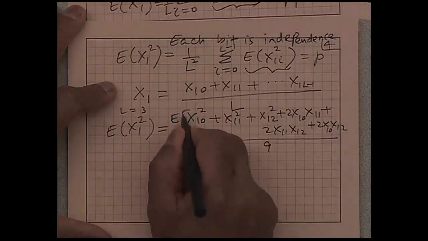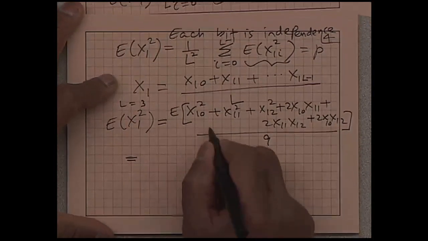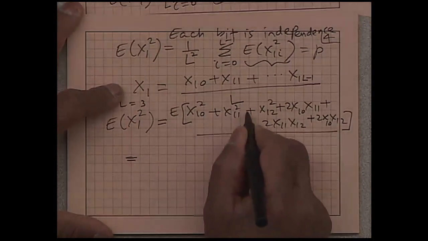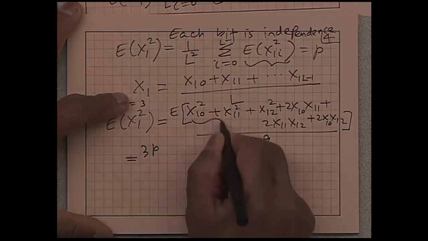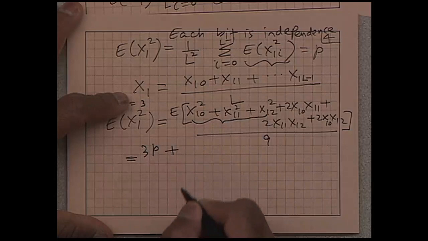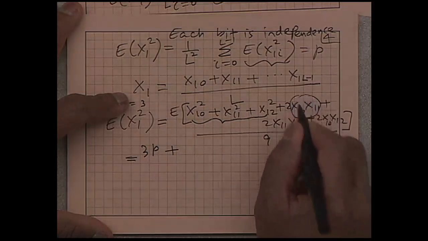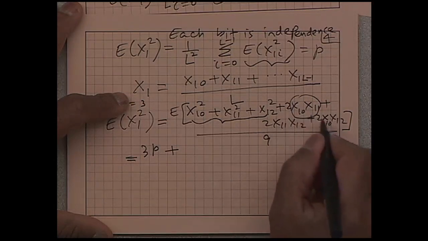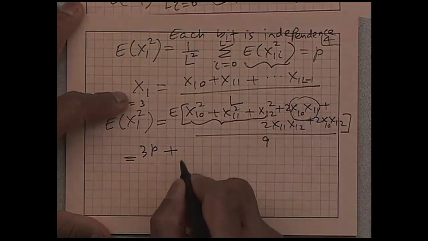So this is the expected value of this whole thing, and these squared values will each be P, so 3 of these will be 3P, plus the cross terms. These are independent, so this is going to be the expected value of this times the expected value of that.